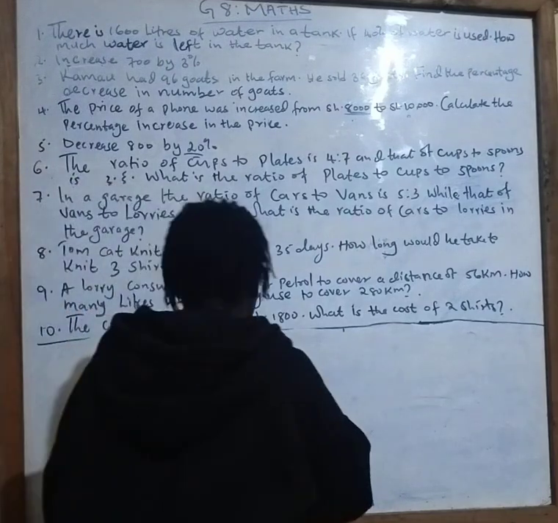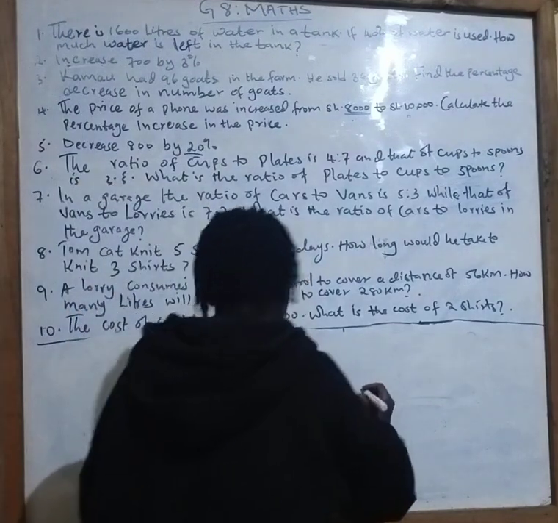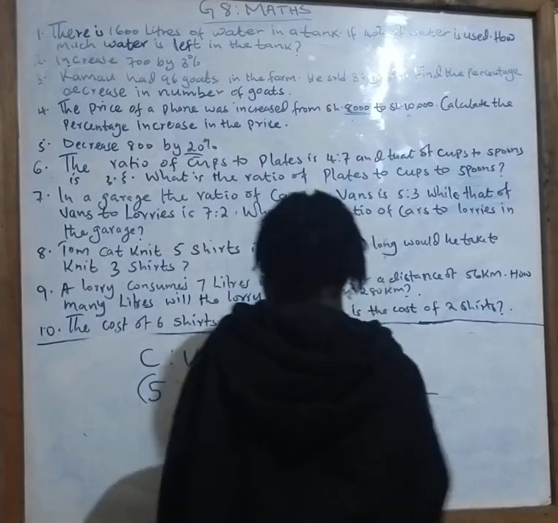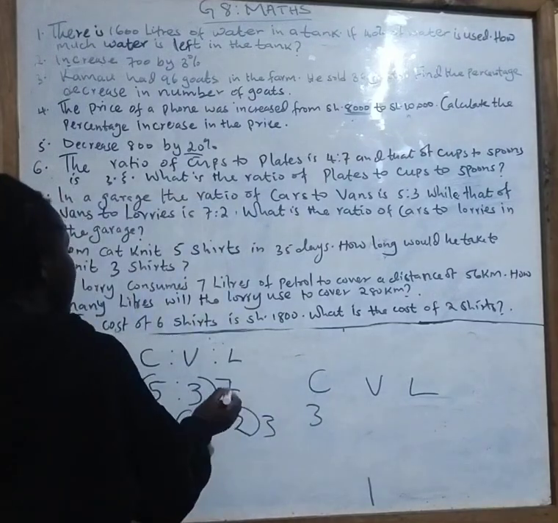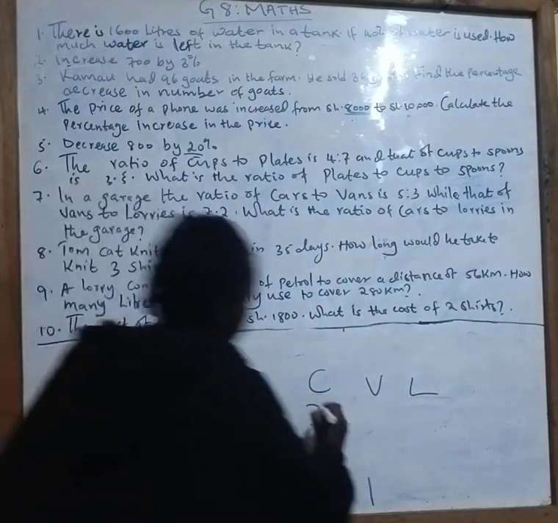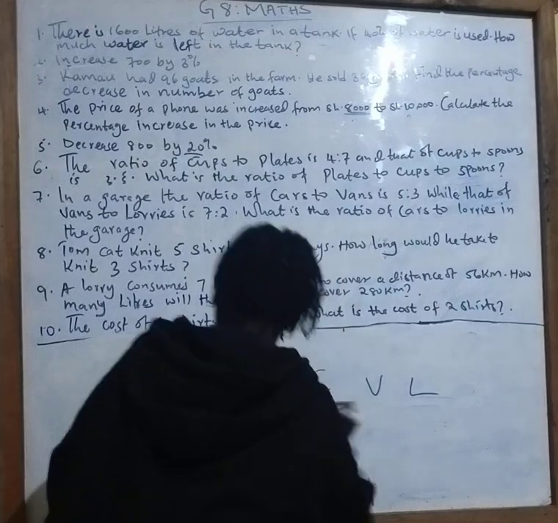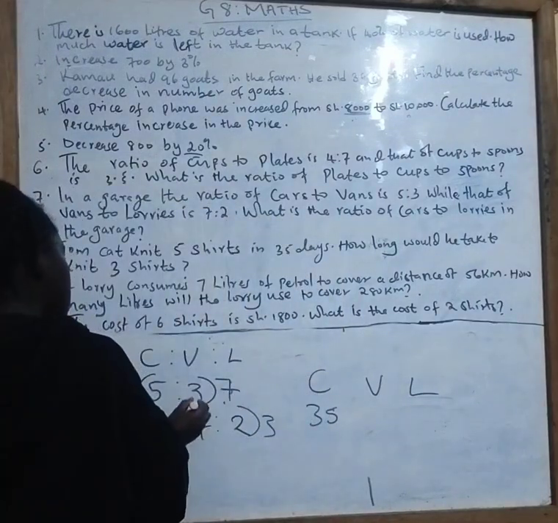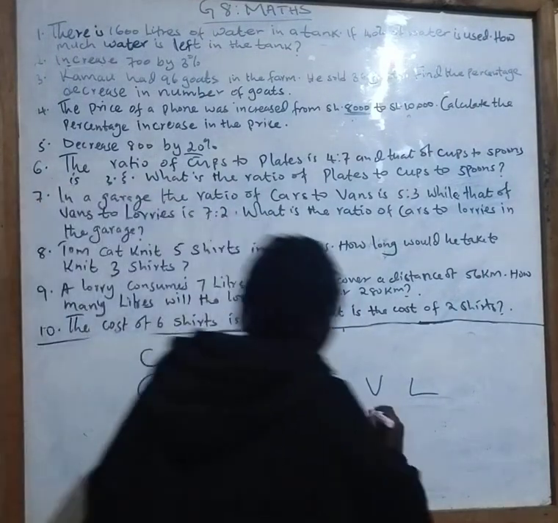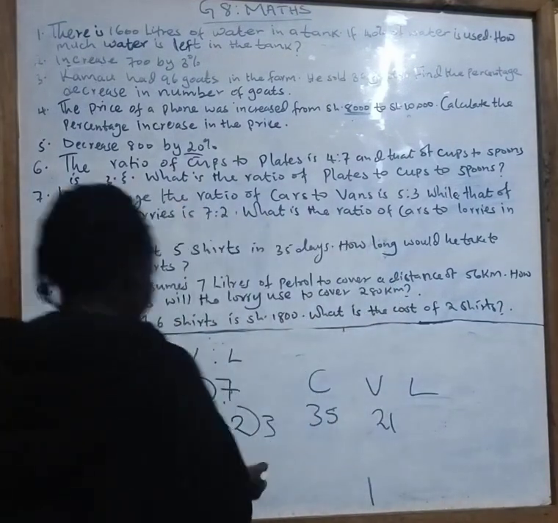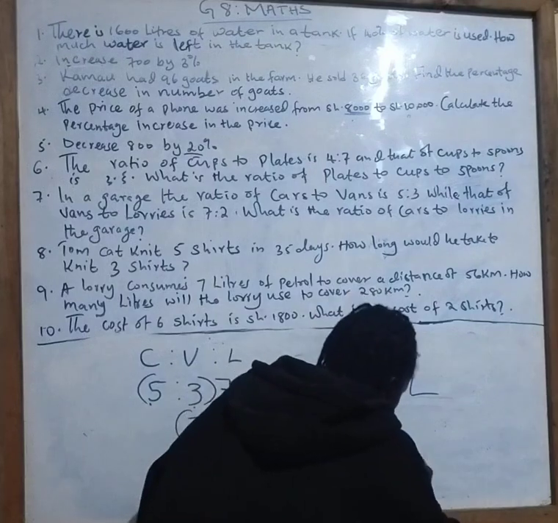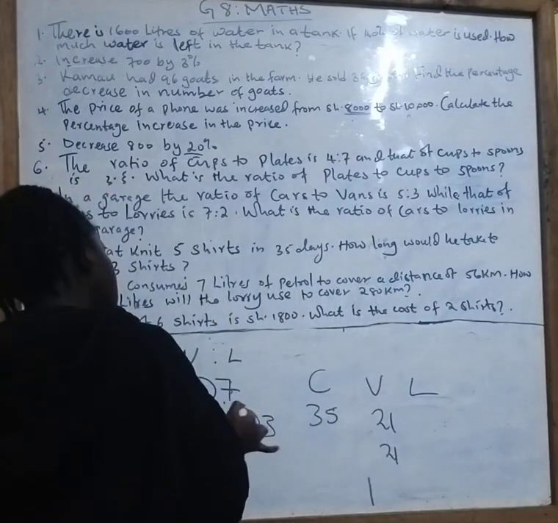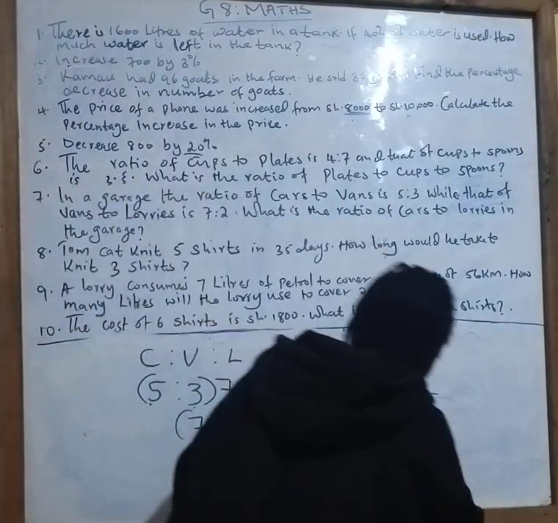I will open the brackets. 7 times 5 is 35 cars. 7 times 3 is 21 vans. 3 times 7 is 21 vans. And 3 times 2 is 6.